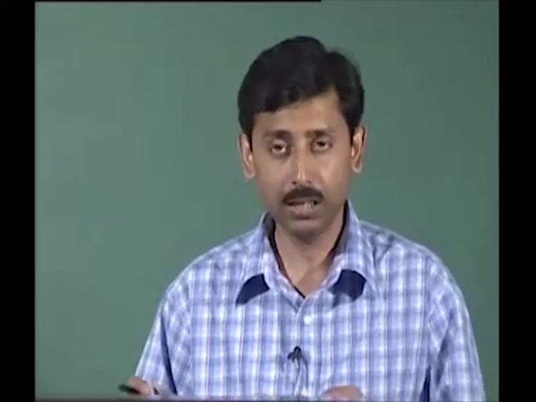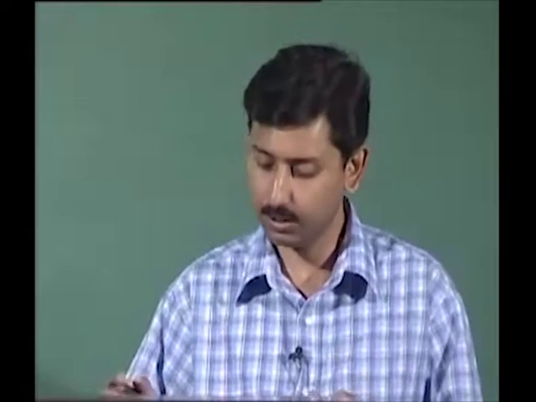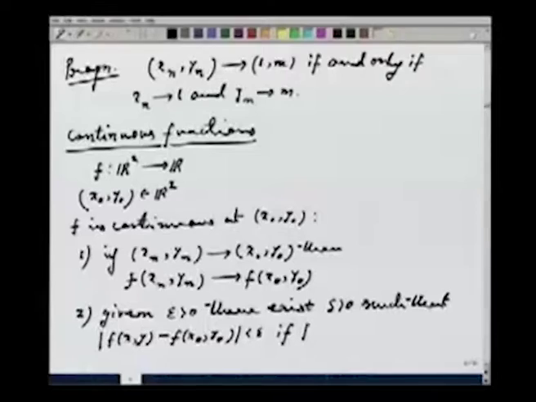The only reasonable notion of distance there is modulus. But here the variables on which the function is defined are elements of R2. So the only natural way to define the distance is to use the Euclidean distance. So here if the distance between (x, y) and (x0, y0) is less than delta. So these are two ways.